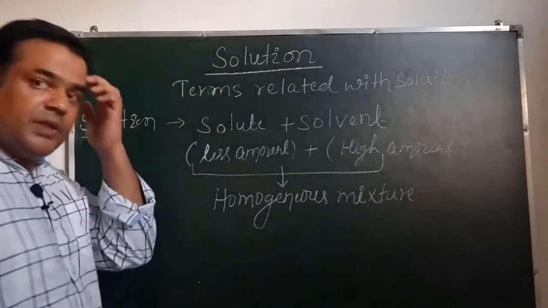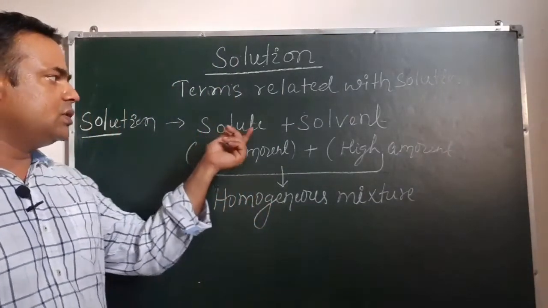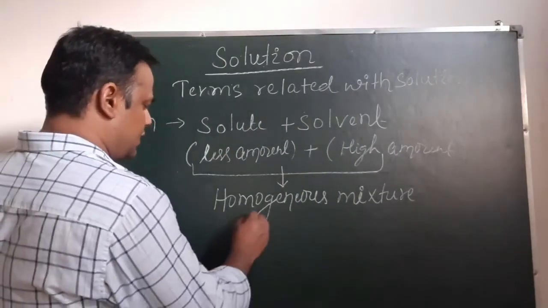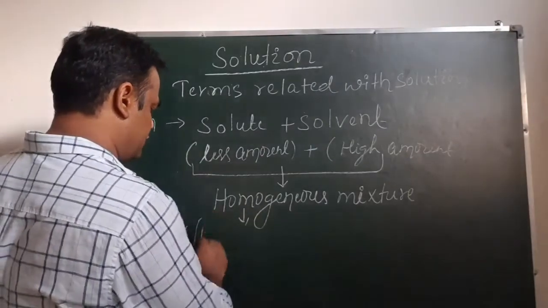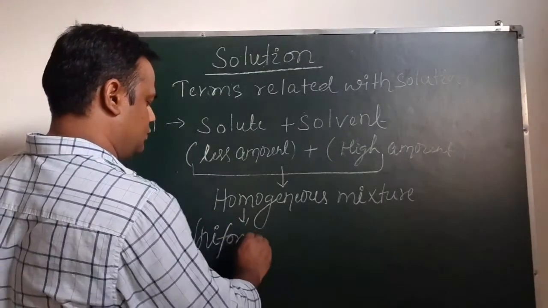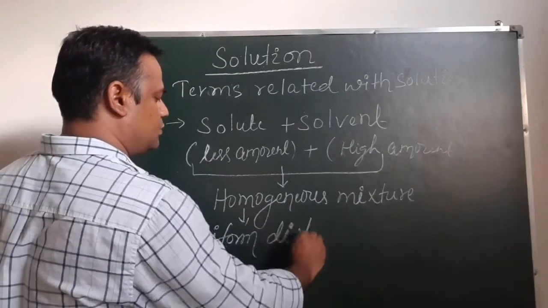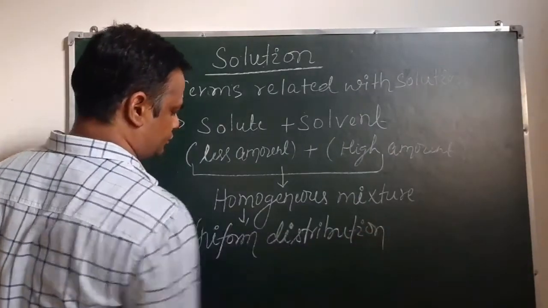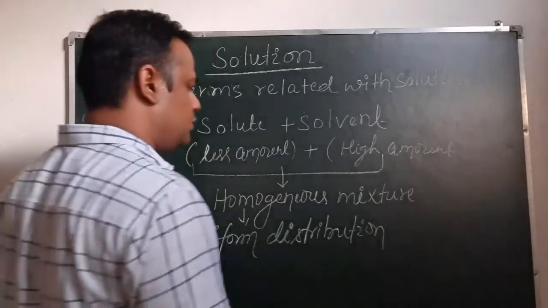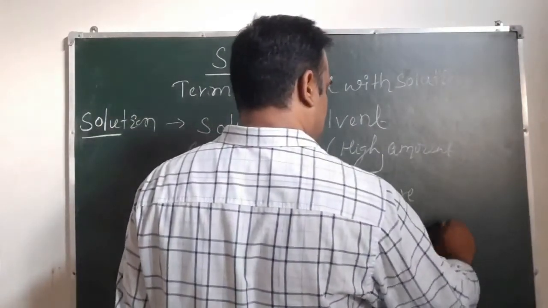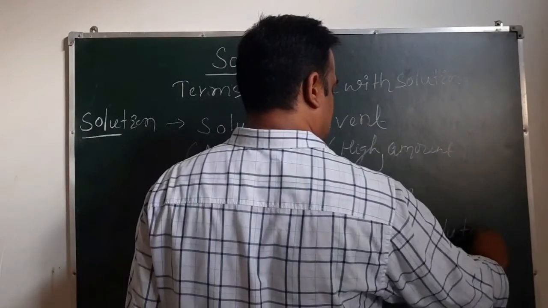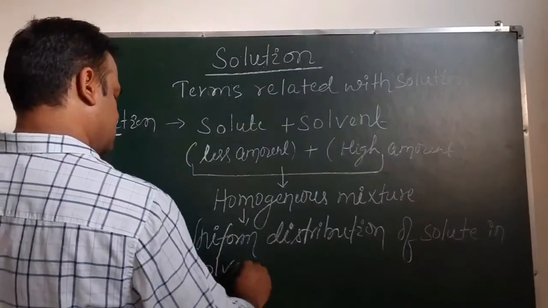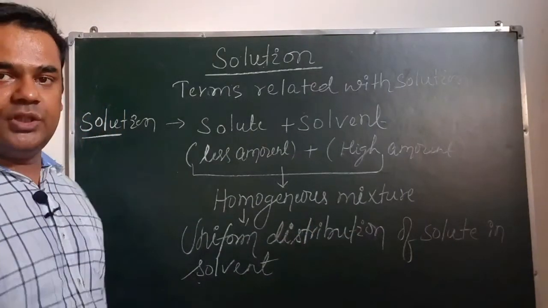So what is homogeneous mixture? If there is uniform distribution of solute inside the solvent, then it is called homogeneous mixture.